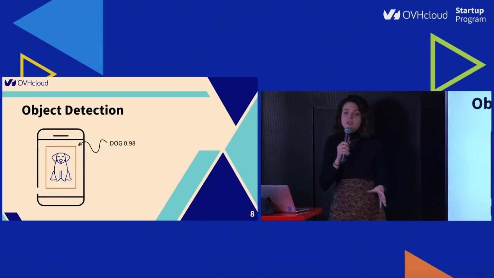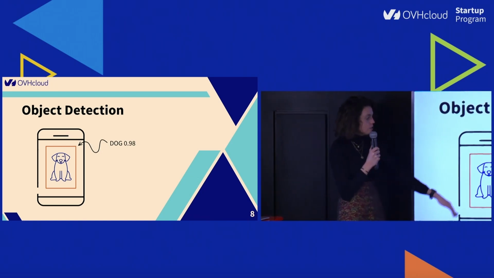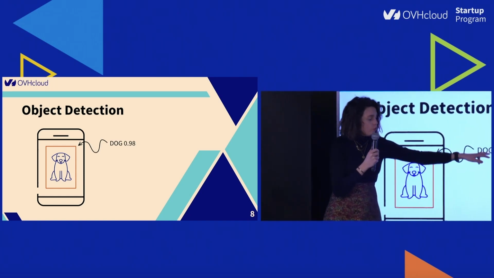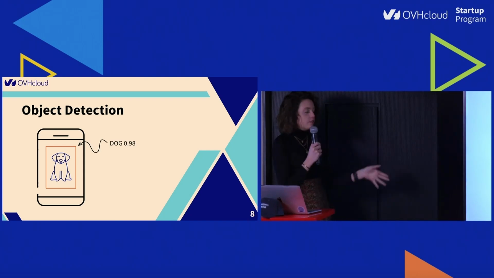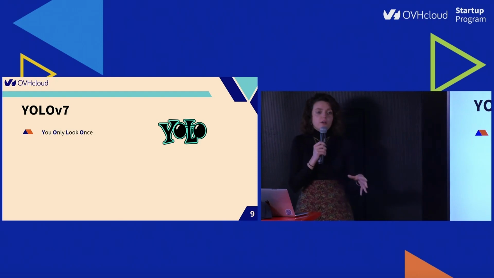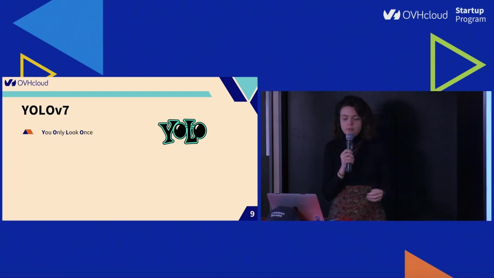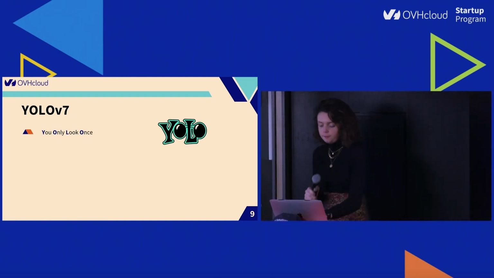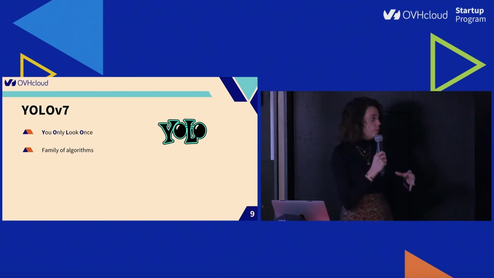Concerning object detection, what we want is to have the object on the image, a box with a label or the name of the class, and also a probability between 0 and 1. So that's for the context, but today we're going to use an existing algorithm named YOLO, and to be more precise, YOLOv7. YOLO stands for You Only Look Once. YOLOv7 is part of the YOLO family.